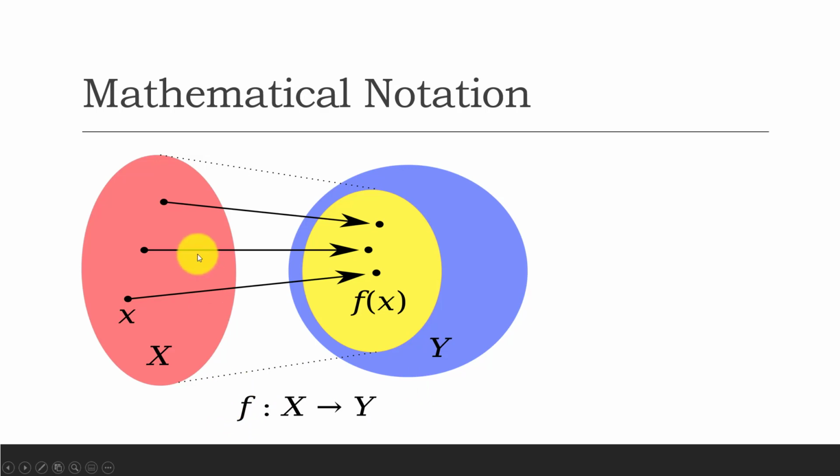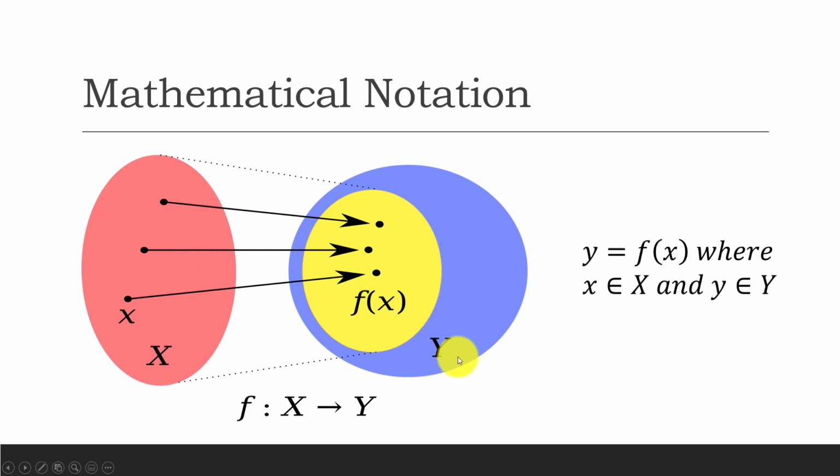And the formal definition of the function already involves set theory. That means we can write y, which is an element of this particular set, as y equals f of x, where x belongs to the set X, which is our independent set, and y belongs to the set Y, which is our dependent set.